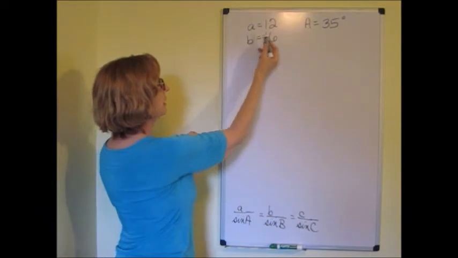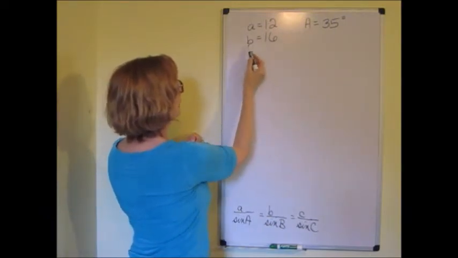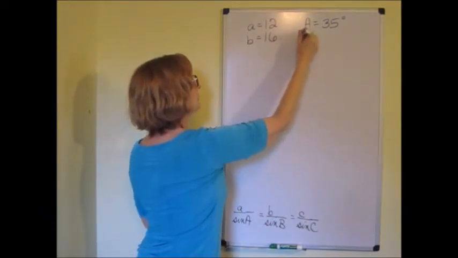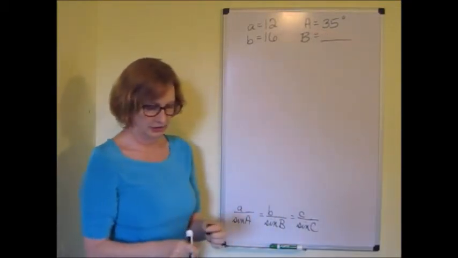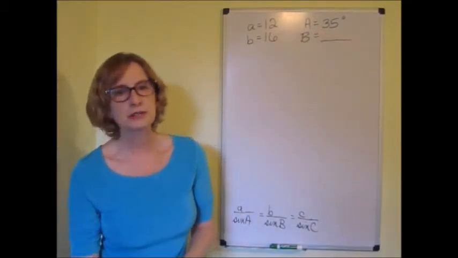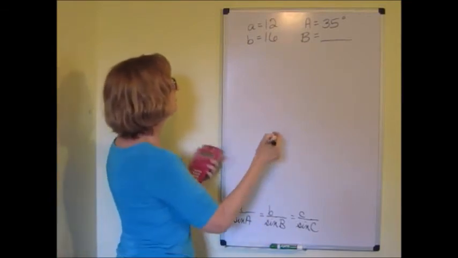Since I have angle A and side B, I can find angle B using the law of sines. Let's set it up.